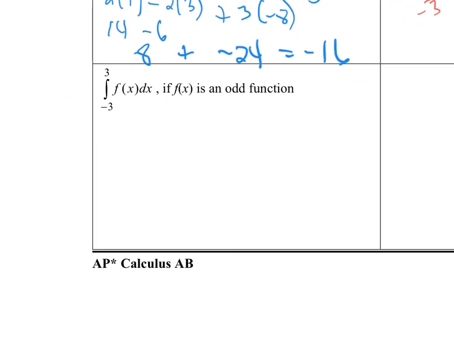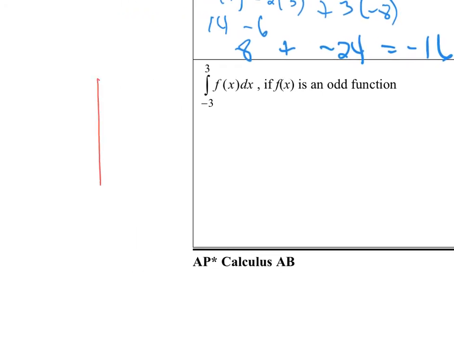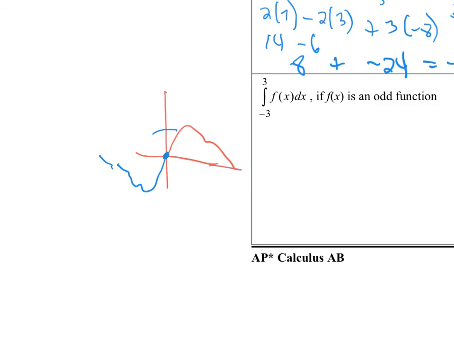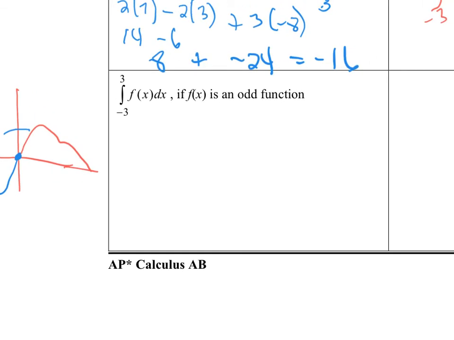Last one. It's an odd function. So all I can say is if I thought that it looked like this thing here, and it's an odd function, if I rotate this around, it's going to give me this picture here. So what you're supposed to realize is that you break that up into 2.